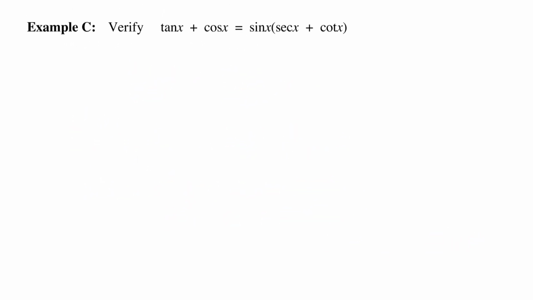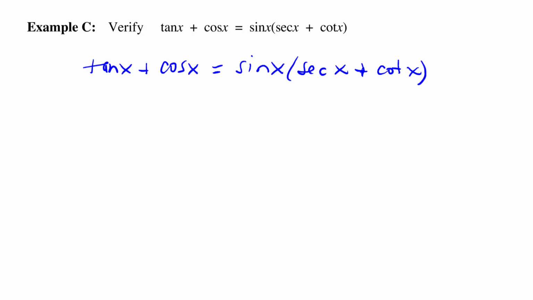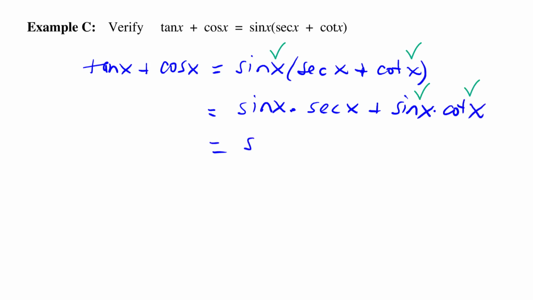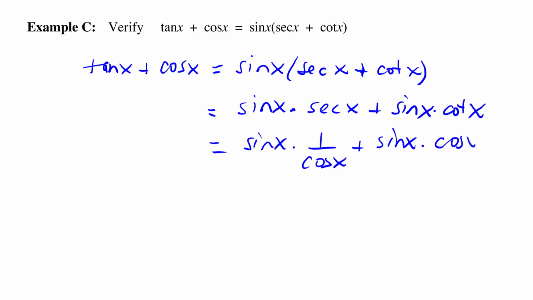Let's rewrite this identity that we're supposed to prove. Tangent x plus cosine x is equal to sine x times quantity secant x plus cotangent x. This time, we're actually going to manipulate the right side because that seems to be a little bit more complex. We're going to distribute sine x to get sine x times secant x plus sine x times cotangent x. Then we'll convert to sine and cosine where we can. Let's see, sine x times secant is 1 over cosine, plus sine x times cotangent is cosine over sine. And I'll put each sine over 1 to kind of make it multiply fraction by fraction.